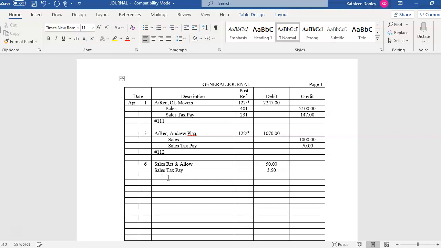Okay, now I'm going to indent, and I'm going to credit accounts receivable because I'm taking this off O.L. Myers account. And that's the whole amount. The whole $53.50 is going to be taken off his account. My debits equal my credits. So now I can put my explanation, credit memo 42, and that was part of invoice 111.